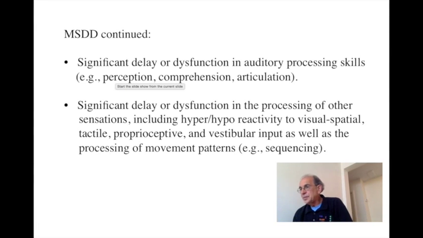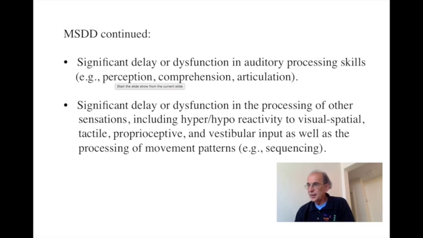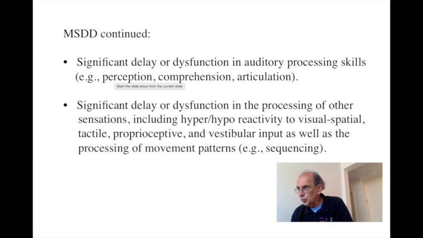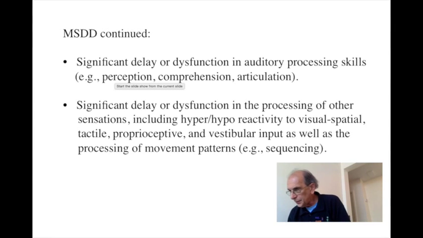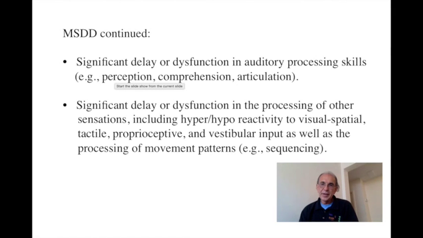Now, this perception, comprehension, articulation problem applies to language, verbal language, but it also relates to the next component of MSDD that Greenspan identifies, and that is significant delay or dysfunction in the processing of other sensations, including hypo-reactivity to visual, spatial, tactile, proprioceptive, and vestibular input, as well as the processing of movement patterns, kinesthetics.